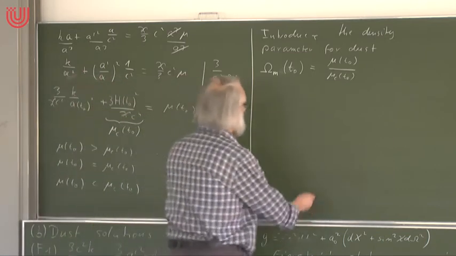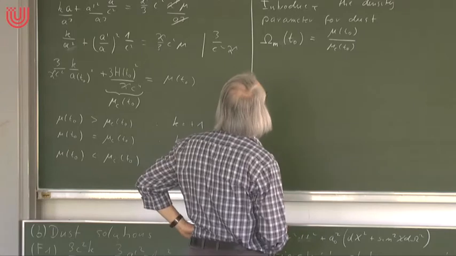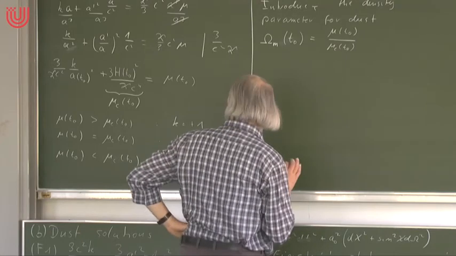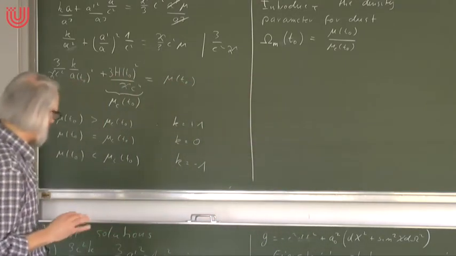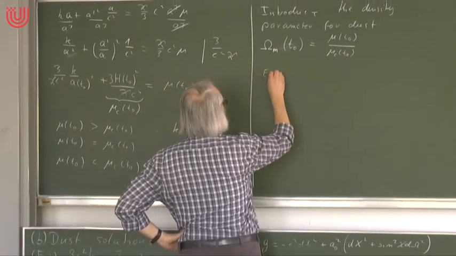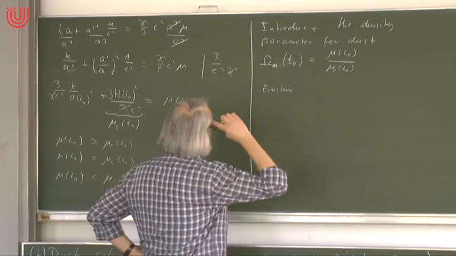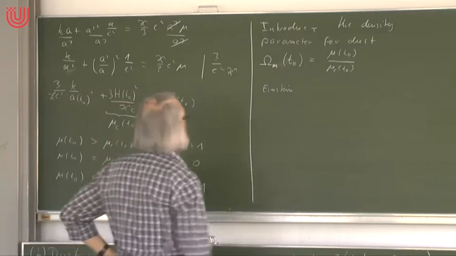Maybe it's more useful to spend a few minutes comparing again the three important models which we have learned about now. So three cosmological models which you should keep in mind, which you should know, right?